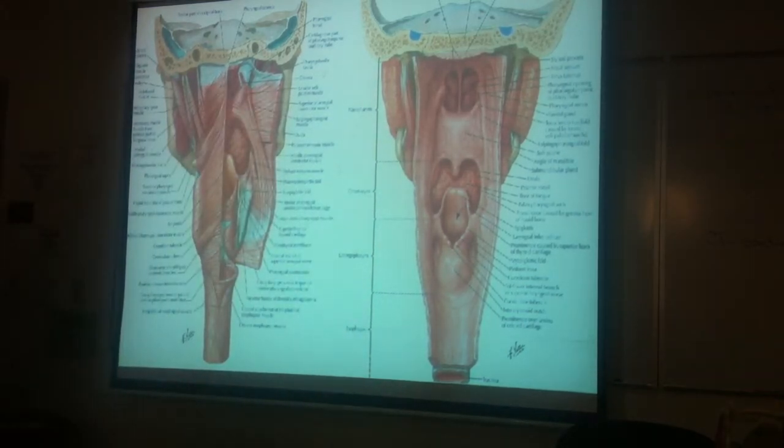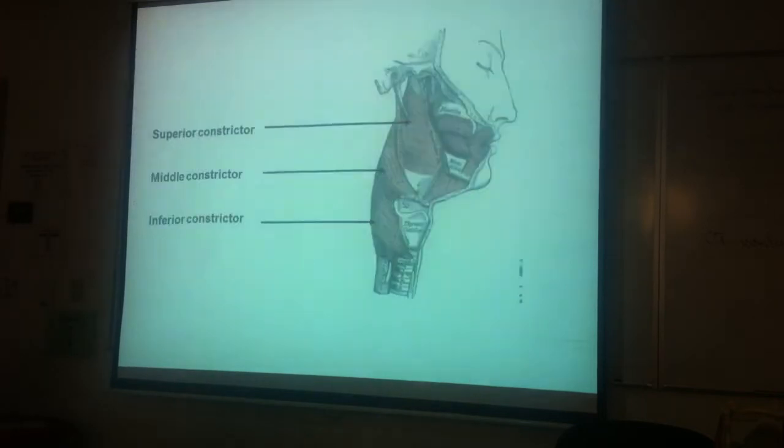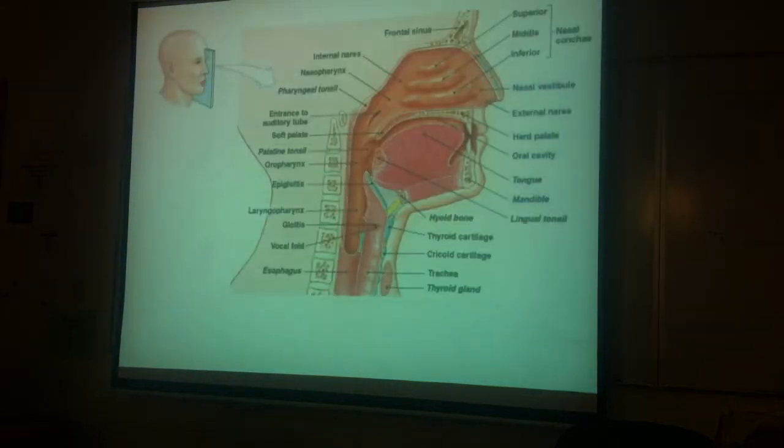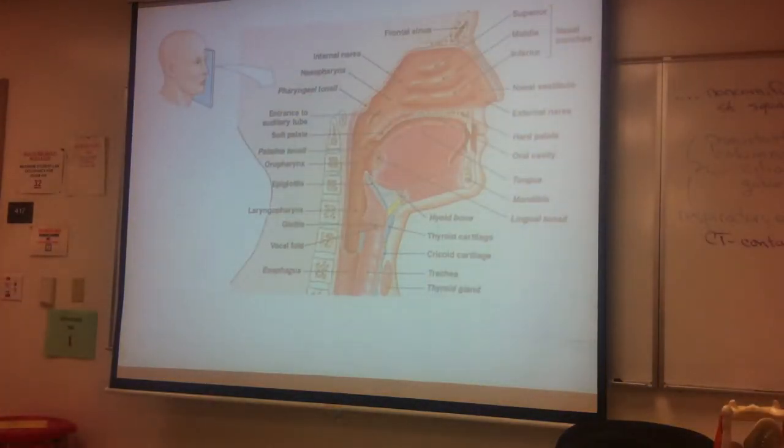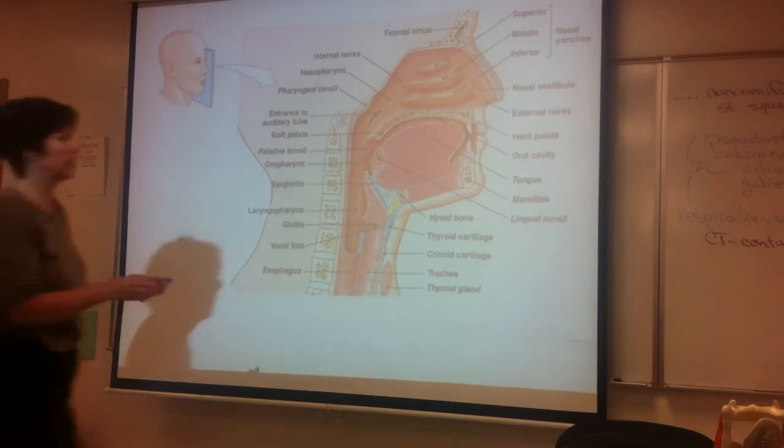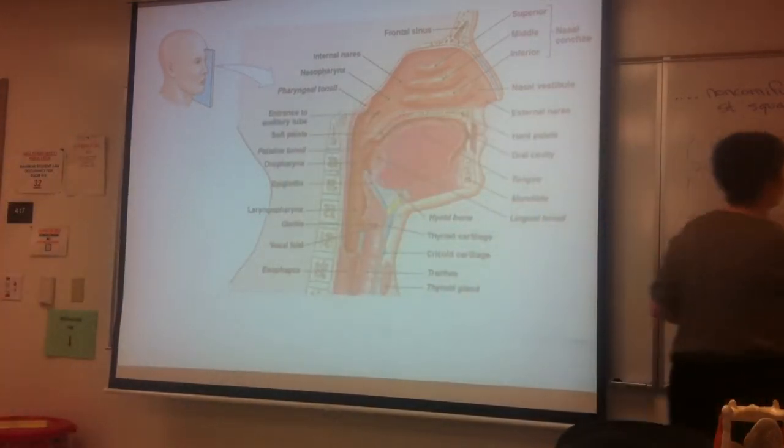That's where that cut was made. So the internal nares is just the passageway for air to get from nasal cavity to nasopharynx. Pharynx is our anatomical word, our fancy Latin term, if you will, for throat. Right? And we have 3 regions of the throat.